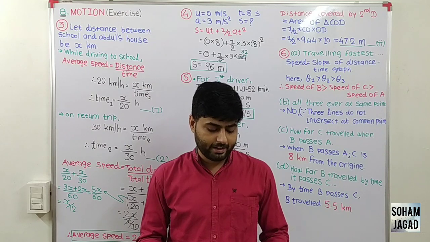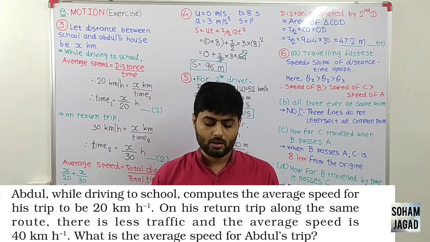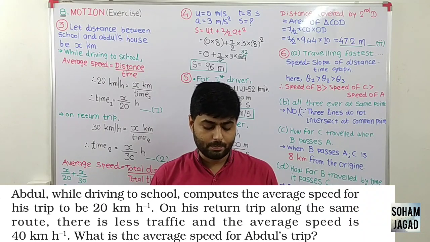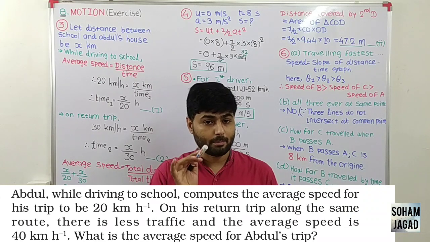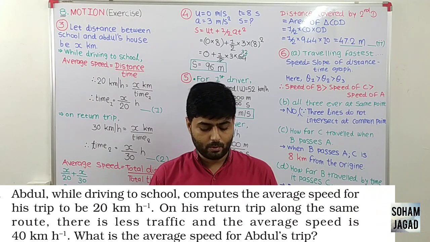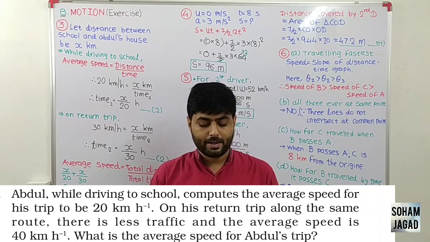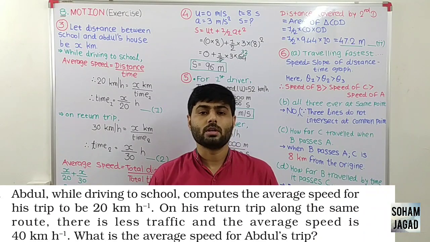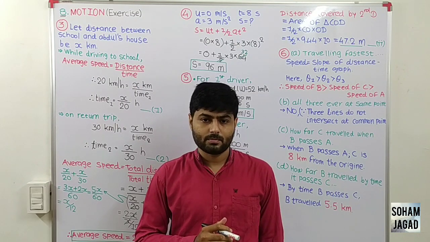Data is given that Abdul, while driving to school, computes the average speed for his trip to be 20 km per hour. On his return trip along the same route, there is less traffic and the average speed is 30 km per hour. What is the average speed for Abdul's trip? Let us understand the data first.